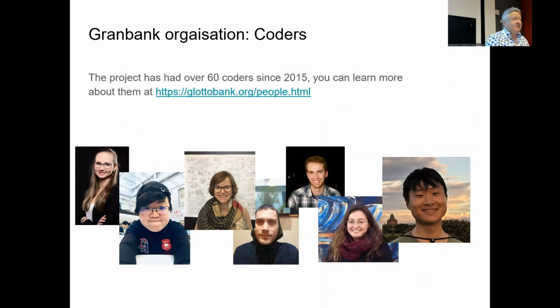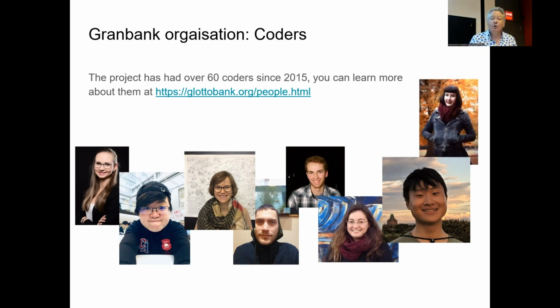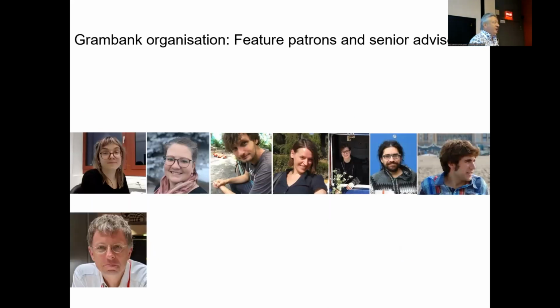But one of the interesting things about the coding process is that it's iterative. For each feature in Grambank, there's a feature patron, an expert on that feature. And via GitHub, they interact with the coders and help refine the coding judgments.